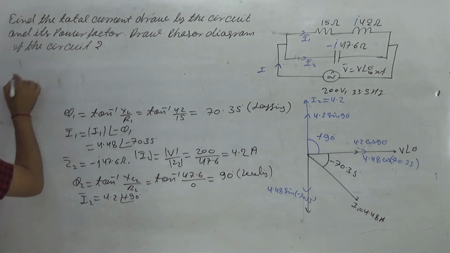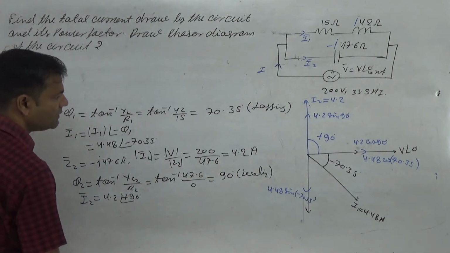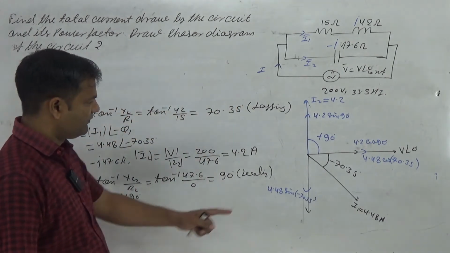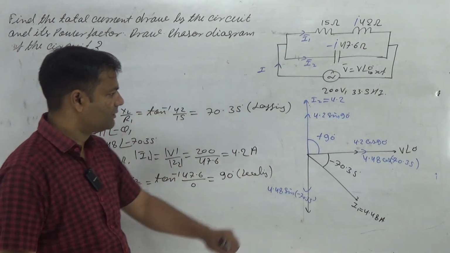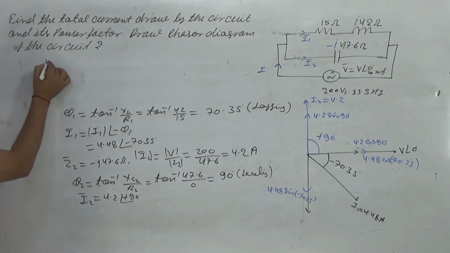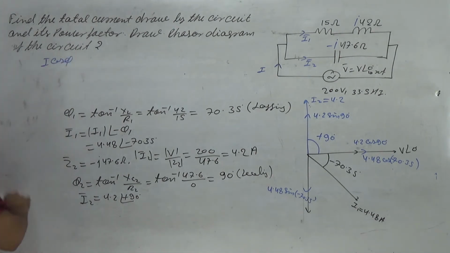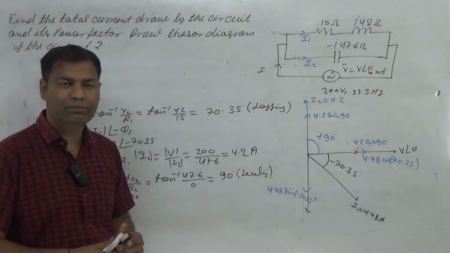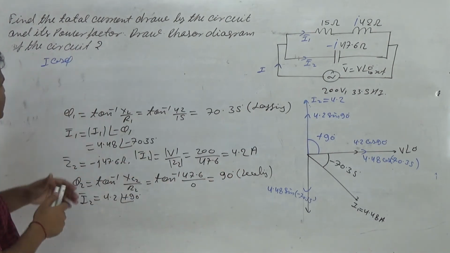So we want the resultant I. The resultant component along the x axis is I cos phi.